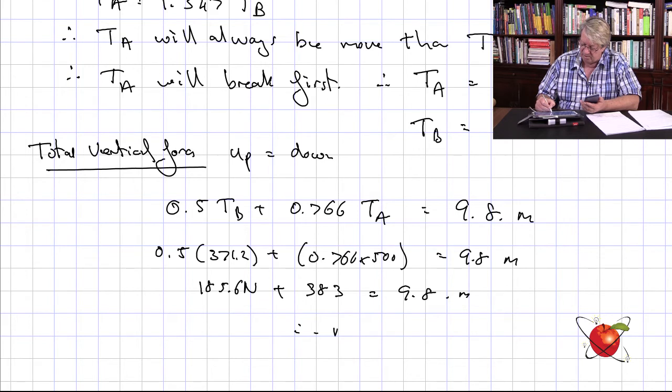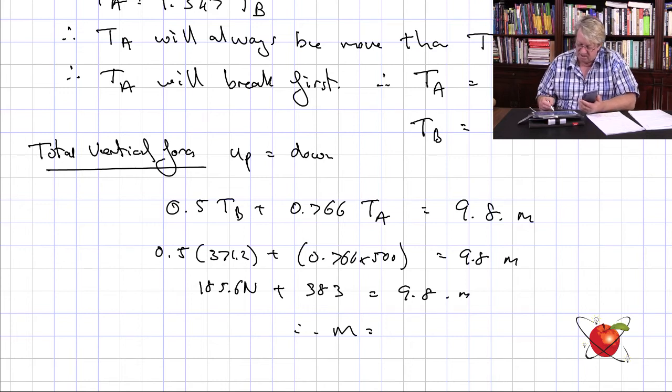Therefore, the maximum mass m is going to be that plus 185.6, just adding those two, equals that, divided by 9.8, which is equal to 76.9, something like that.